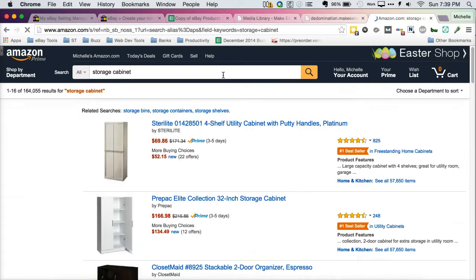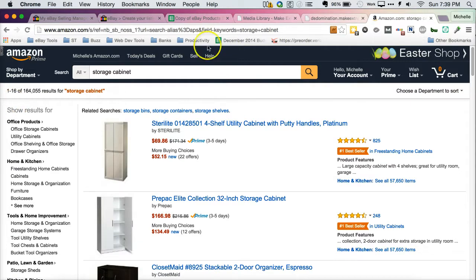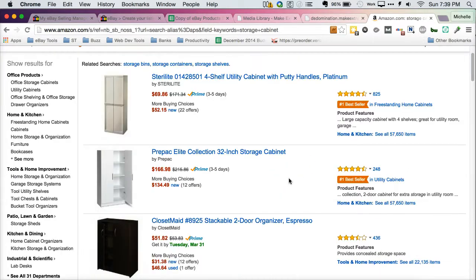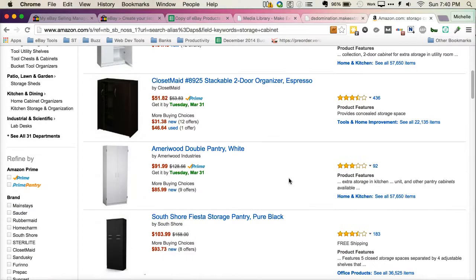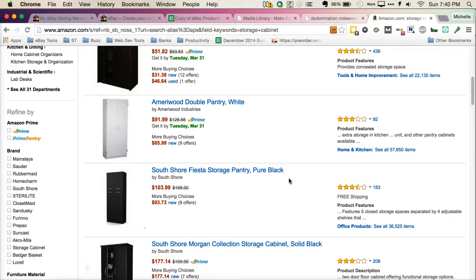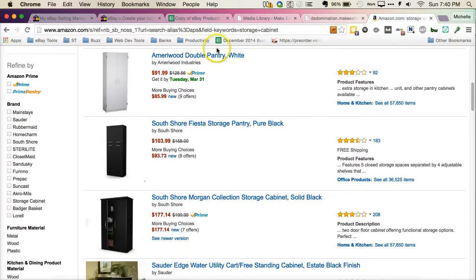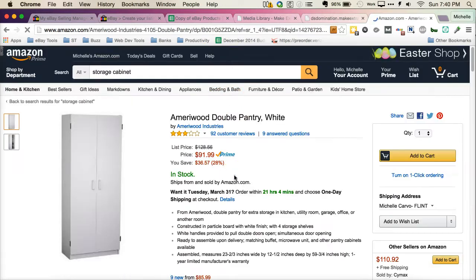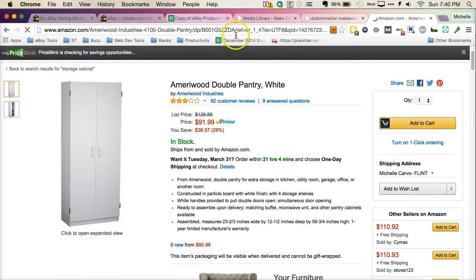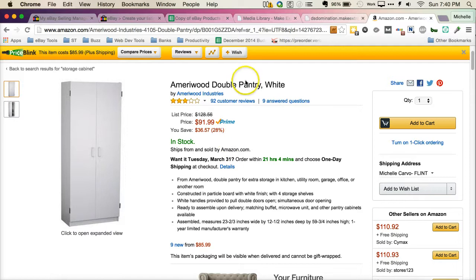So we'll go ahead and look on Amazon, and we can see what's available. Let's take this Ameriwood double pantry. It looks like a pretty good item. We could mark it up to make a pretty good profit.